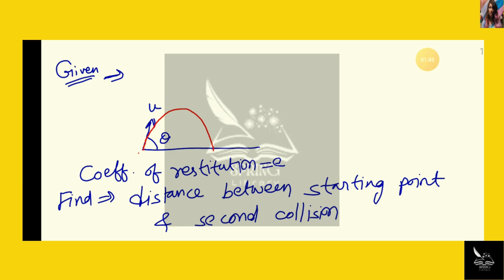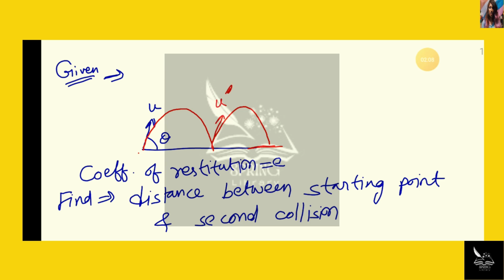After it, it takes another collision, hitting the ground a second time with a speed, say u dash.